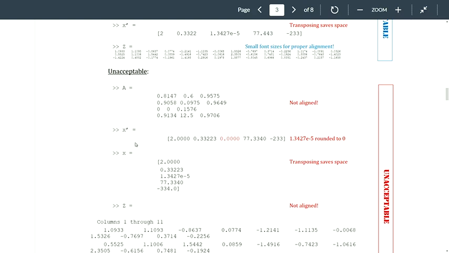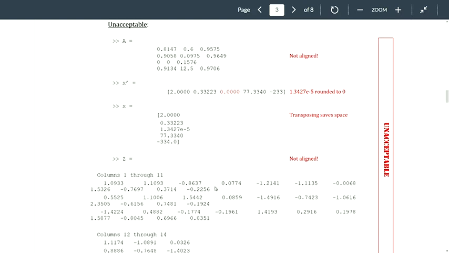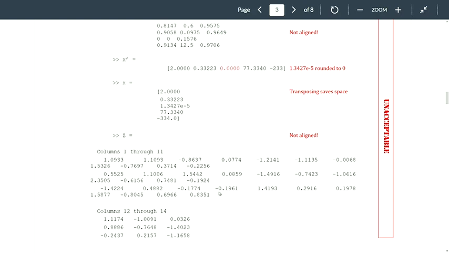This is 1 point something e to the minus 5. So you see, these are not the way you should present your answers. Especially when we're dealing with log matrices, it's so hard for me to read something like this. Right? This is a matrix. How on earth would I be able to read this?